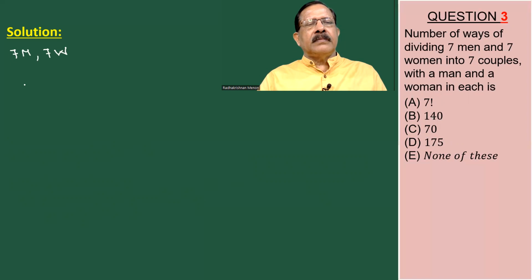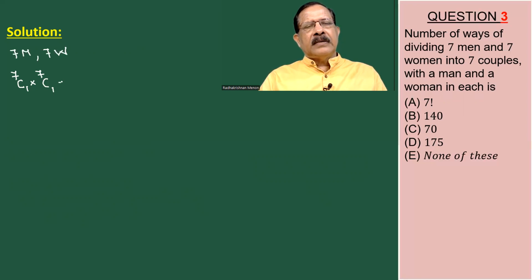Okay, no problem. One man we select from 7 men in 7C1 ways, and now we select one woman from 7 women. This is how we select one man and one woman.